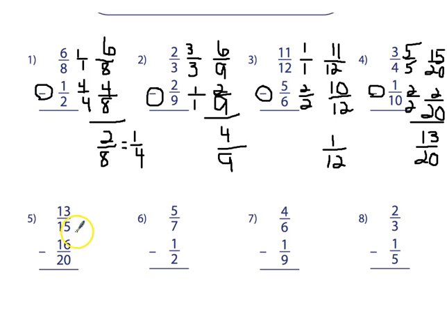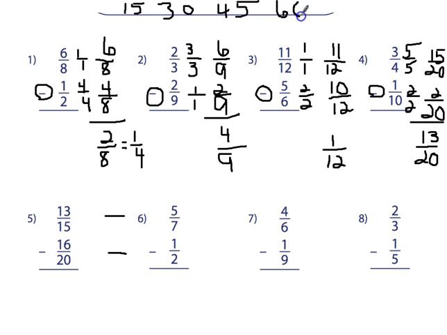So let's take a look at this one. I have 15 and 20. So I need to think of my 15 table and my 20 table, and I need to find the first multiple common to both. So if I count by 15s, I have 15, 30, and 20 won't go into 15, 20 won't go into 30, 45, 20 definitely won't go into 45, 60.